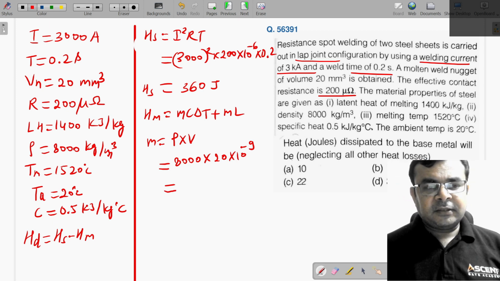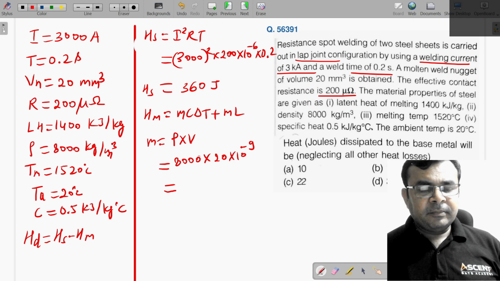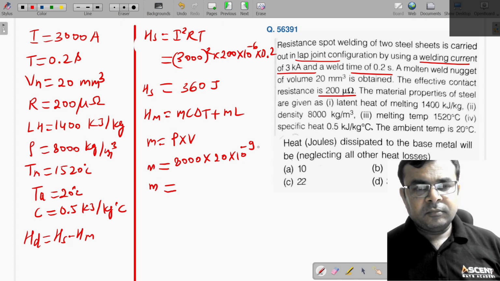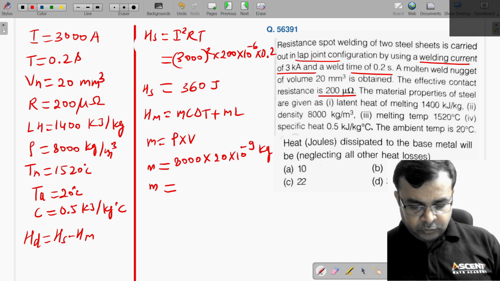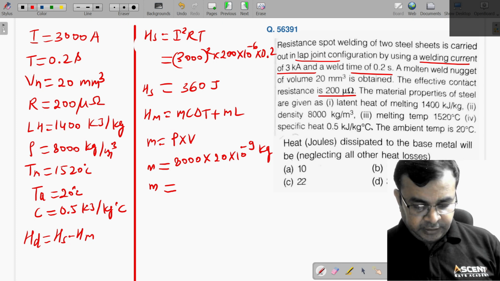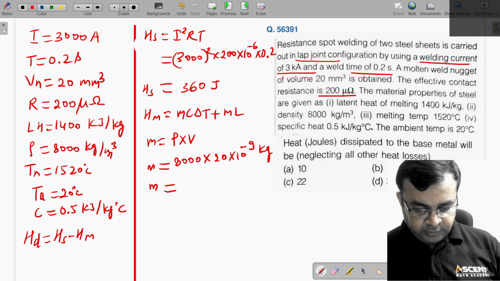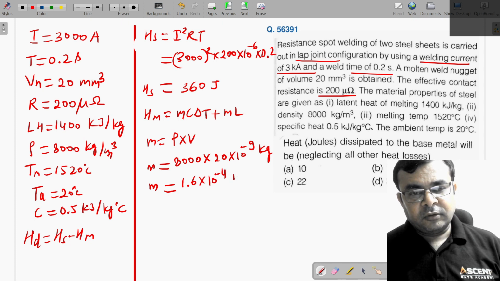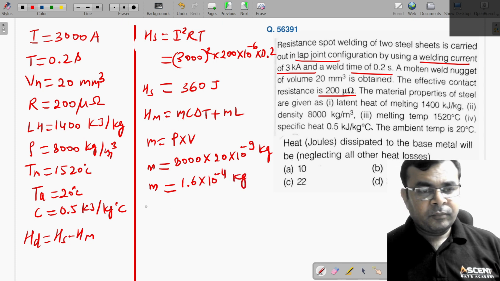This gives us mass in kg. So 8000 into 20 divided by 10 to the power 9. Here we get 1.6 into 10 to the power minus 4 kg.